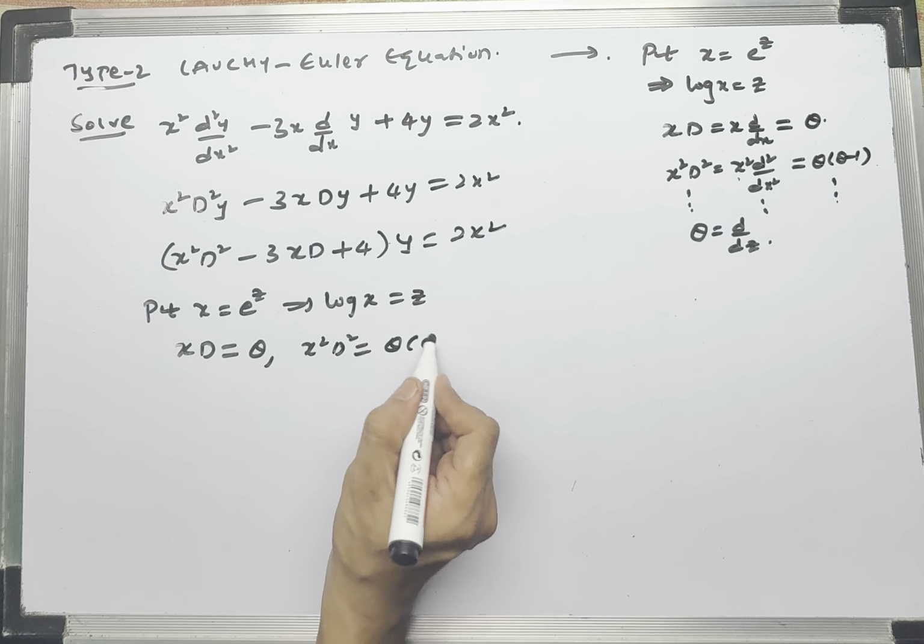So this is theta square minus theta minus 3 theta minus 5, y equals sine z. You can write here theta equal to d by dz, meaning the equation is in terms of z now. Theta square minus 4 theta minus 5 into y equals sine z.